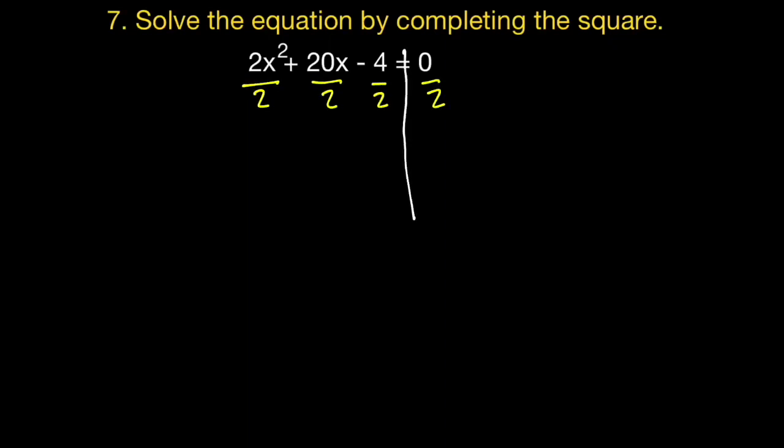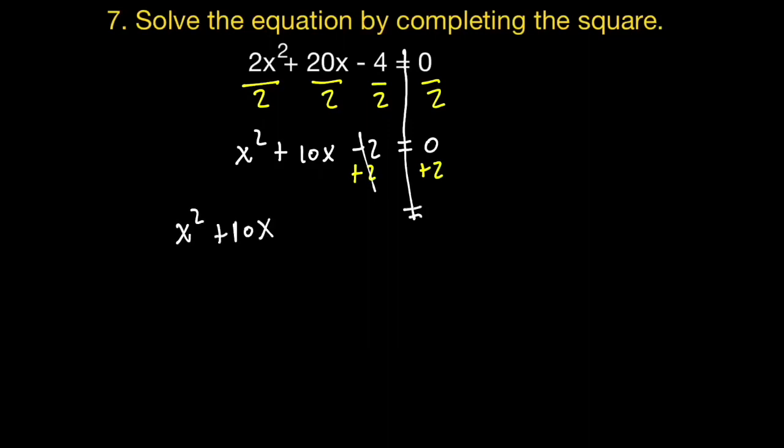And I'll be left with x squared plus 10x minus 2 equal to 0. Now that I have 1 as my leading coefficient, I can begin to complete the square. So I'll move the constant to the other side of the equation by adding by 2. And I'll be left with x squared plus 10x on the left hand side. And then on the right hand side, I'll have 2.